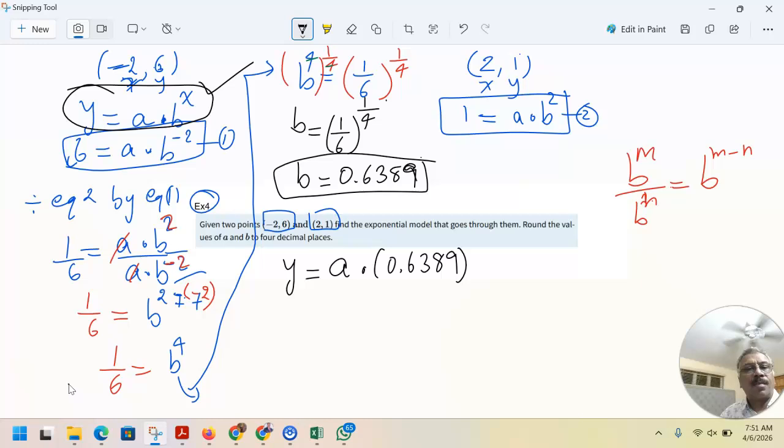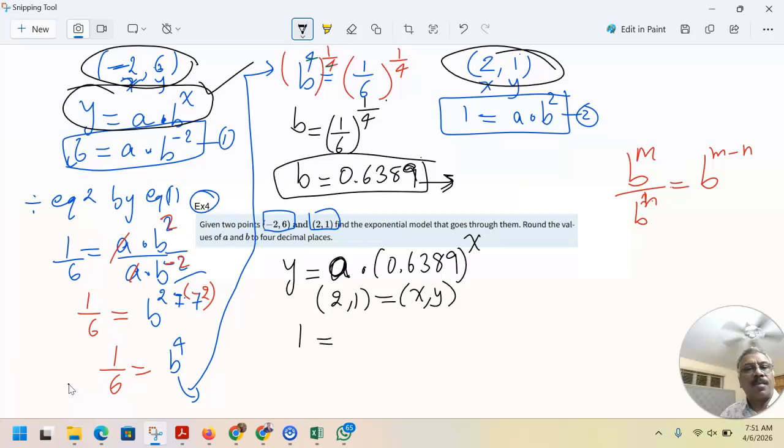And then I put x. Now our next goal is, so this a, b is done here. Now our next goal is to find this a. So we can again use this point or this point. So I will say let's plug in 2, 1 for x and y.